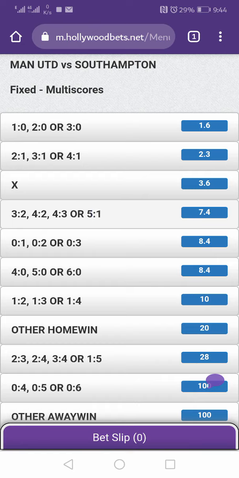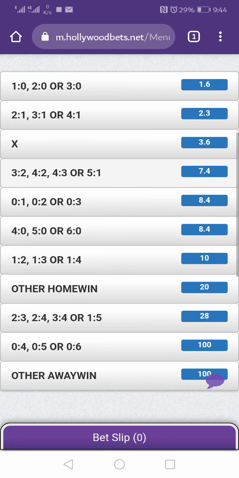There's no 5-3, you see? So that falls on other. But Manchester United must win. Basically, you're backing Manchester because you feel that it will win, but the score that it will win with is not on this list. Then you just press other and then home to win, which is Manchester in this case.